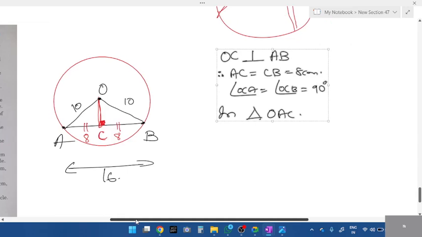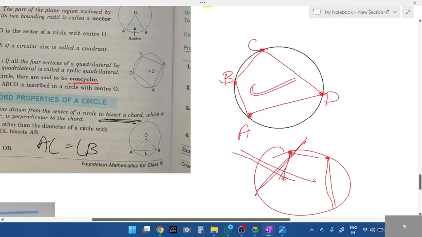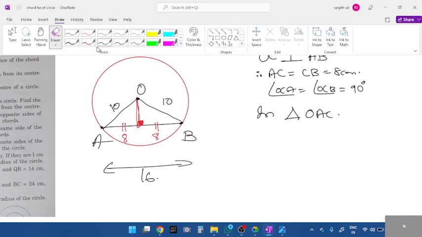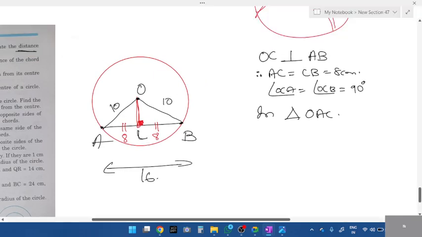What ma'am has done is she's taken the same diagram. Can you see OL, AB? If ma'am hasn't written it, no problem. If you want, you write it or just skip that L. But that is an important part. OL is perpendicular to AB.